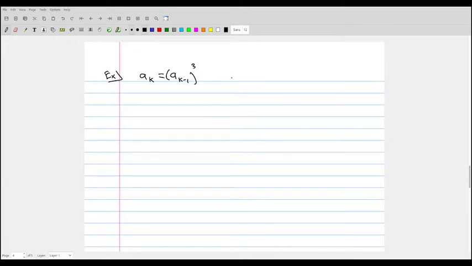And we ask for what values of a_0 will this sequence converge?